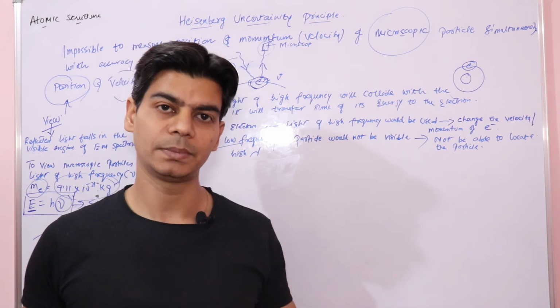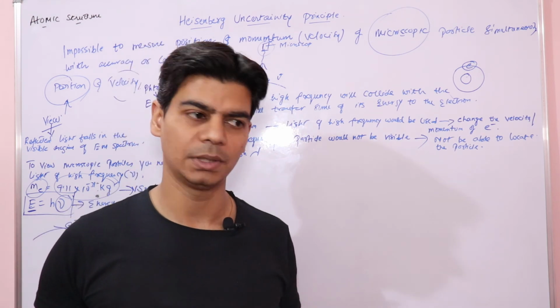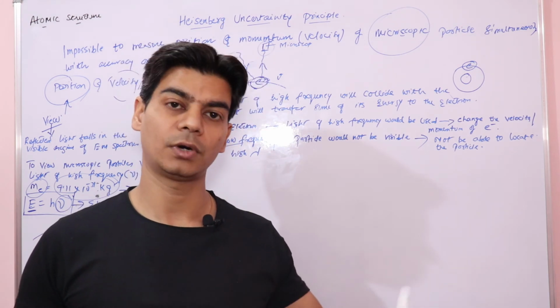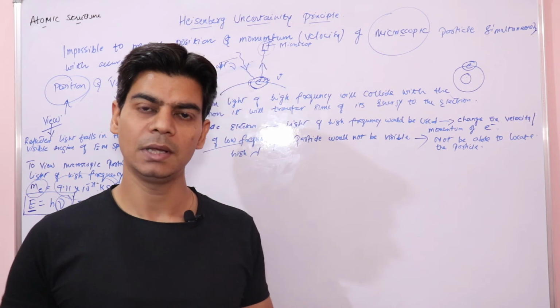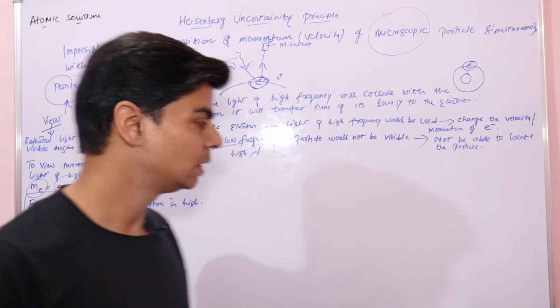So when you disturb a microscopic particle, in a way you are changing its position and momentum. For sure it will change its velocity, and it may change its position also, right?